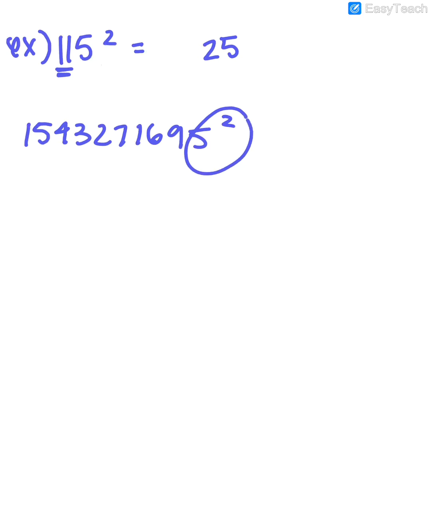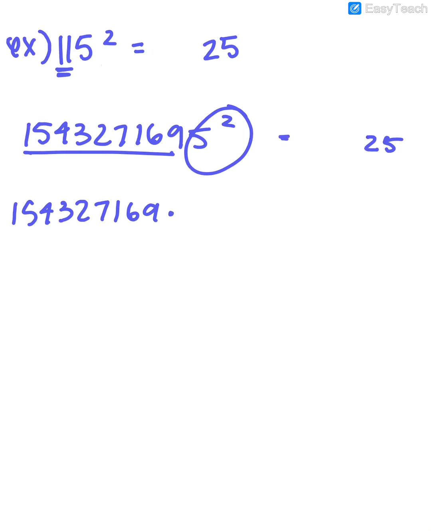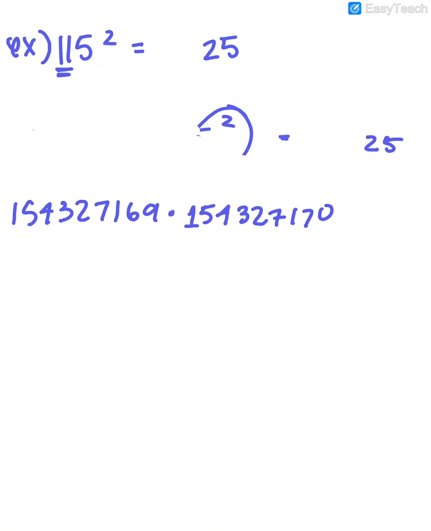You would write 25, and then you would take 1, 5, 4, 3, 2, 7, 1, 6, 9, and multiply all of that by that plus 1, so 1, 5, 4, 3, 2, 7, 1, 7, 0. I just did this to show you that it's not just the first number that comes after this 5, but all of the numbers that come after this 5. Alright, so let's get rid of all of that now.